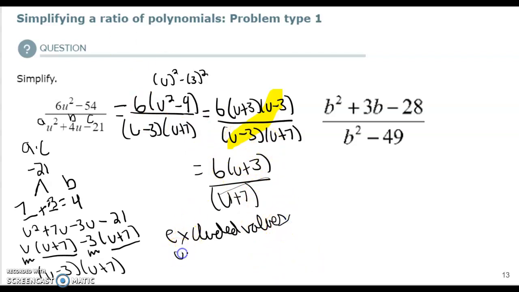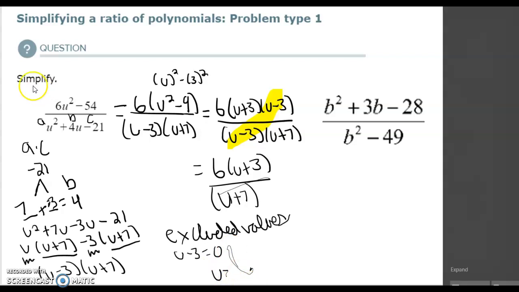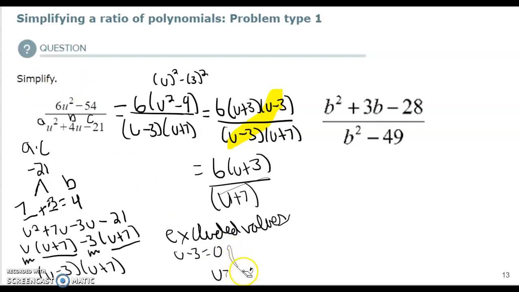So u minus 3, what would cause that to equal 0 would be u equals positive 3. And then my u plus 7. So my excluded values would be both u equals 3 and -7.